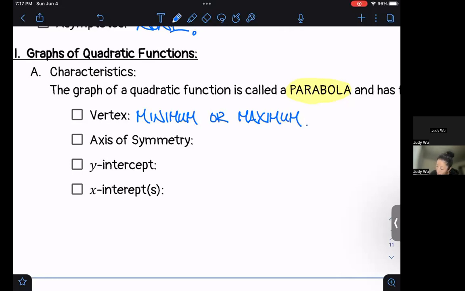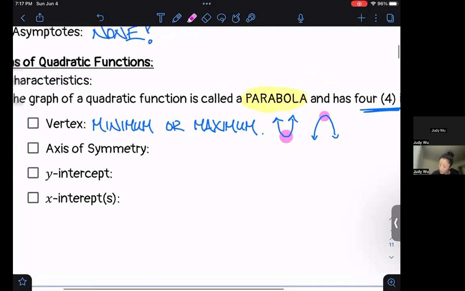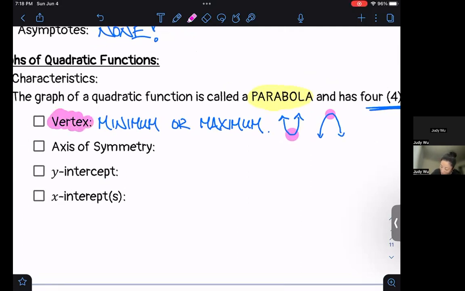If I have a regular upward parabola, the vertex is right here, but if I have a parabola like this, the vertex is right up here. We might even think of it as a turning point.